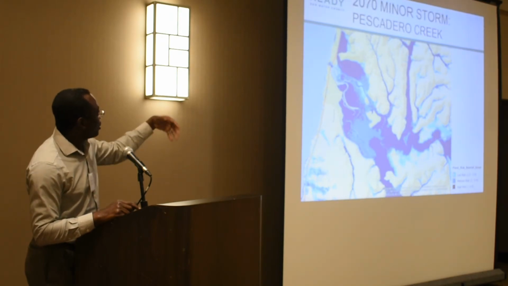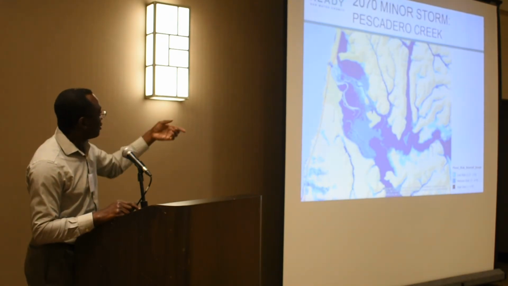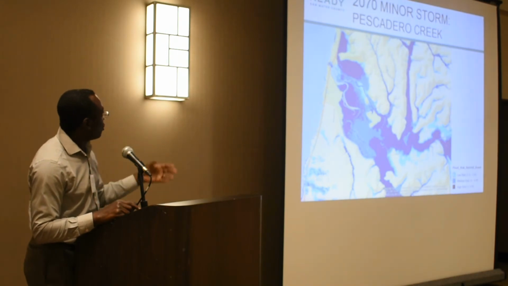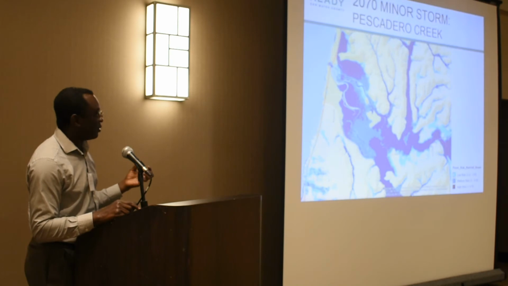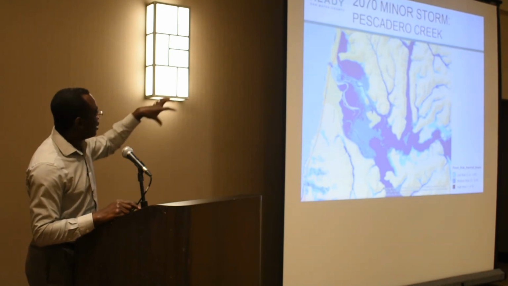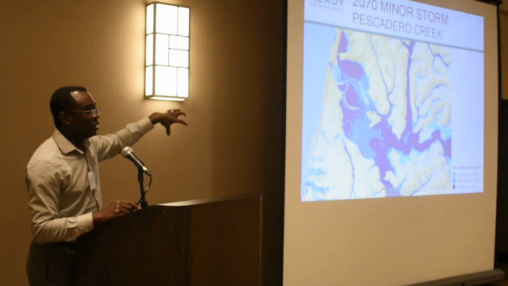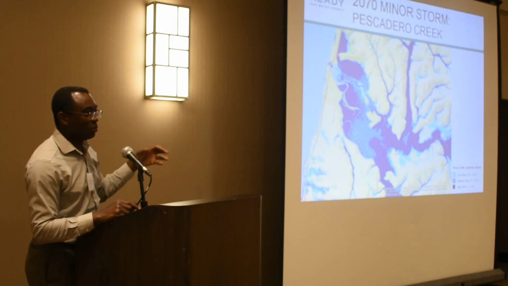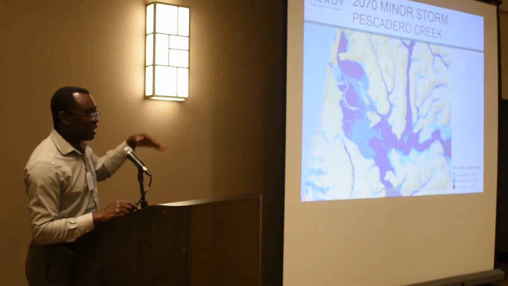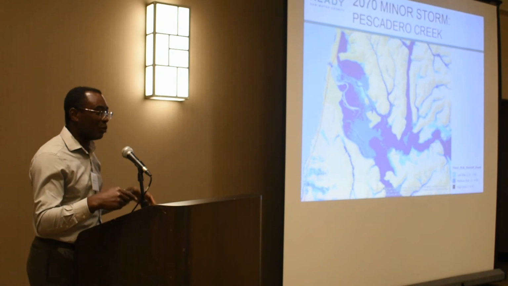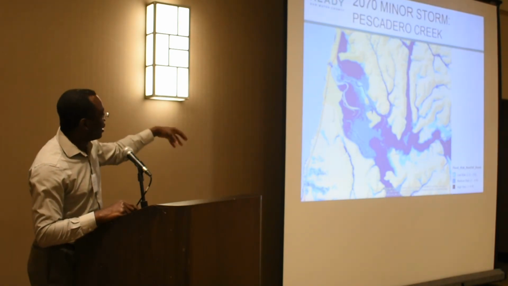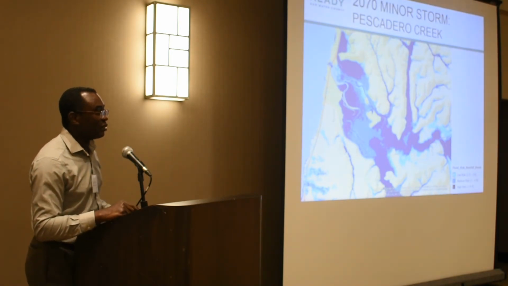But when you start to get into the minor and the major flooding storms for 2070, again, it starts to get a little bit more complicated because water actually starts to redistribute within the marsh itself, and parts of the area that are closer to the mouth begin to gather more water, but actually end up draining some water from other parts of the basin.